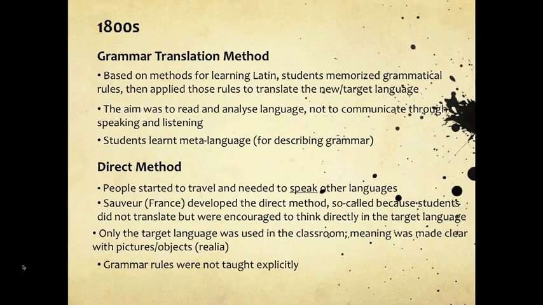A Frenchman called Sauveur advocated the direct method, which contrasted with the grammar translation method in several ways. In particular, the direct method encouraged students to think in the new or target language rather than translate it. Therefore, the teachers only used the target language in the classroom, so meanings were explained through pictures and objects.